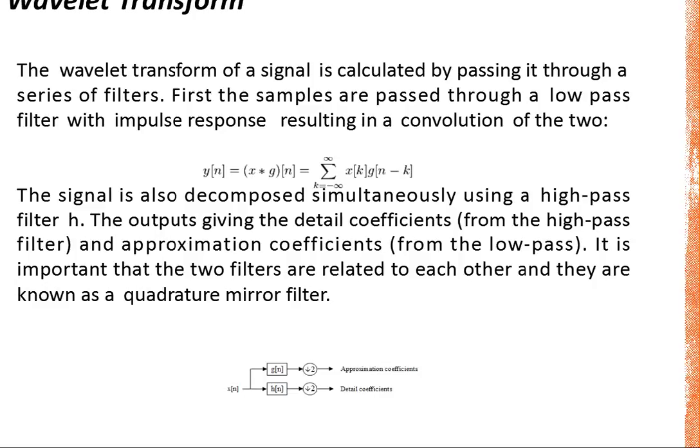The outputs give the detail coefficients and approximation coefficients. It's important that the two filters are related to each other, and they are known as a quadrature mirror filter. As we can see, x is divided into two parts, h and g. h is the detail coefficient, and g is the approximation coefficient.